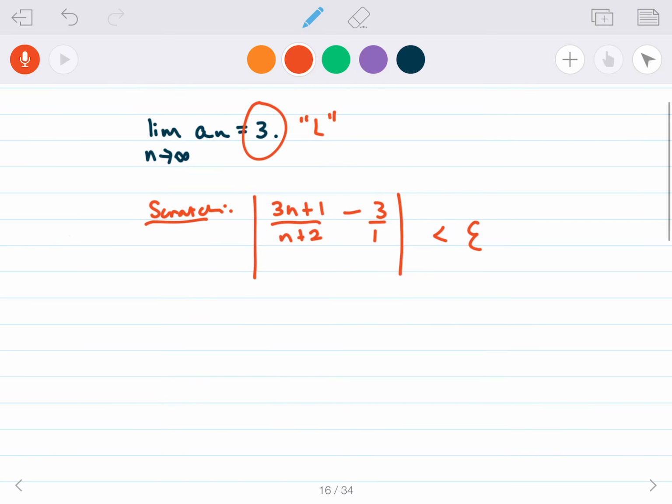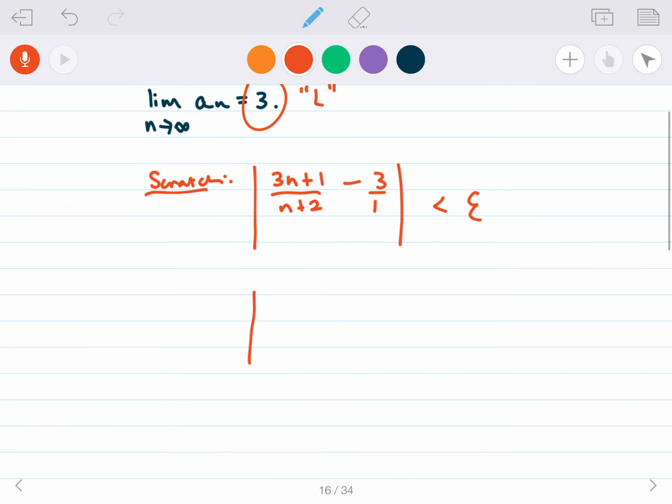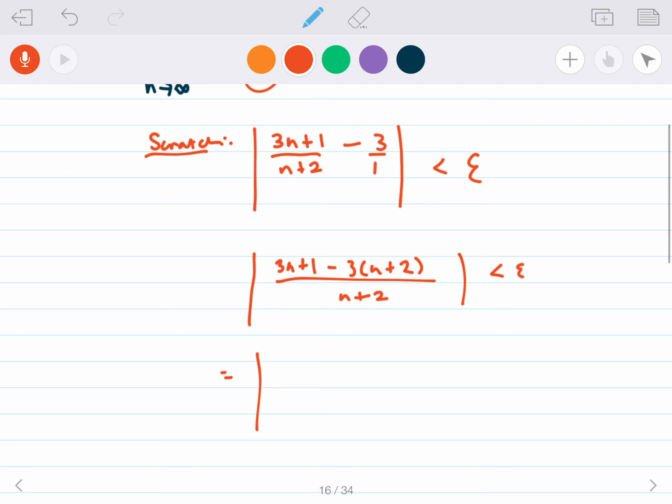Alright, so here's the thing. Common denominators. We get 3n plus 1 minus 3 times n plus 2 all over n plus 2. Okay, combine the terms on the top to get... uh-oh. What is this?